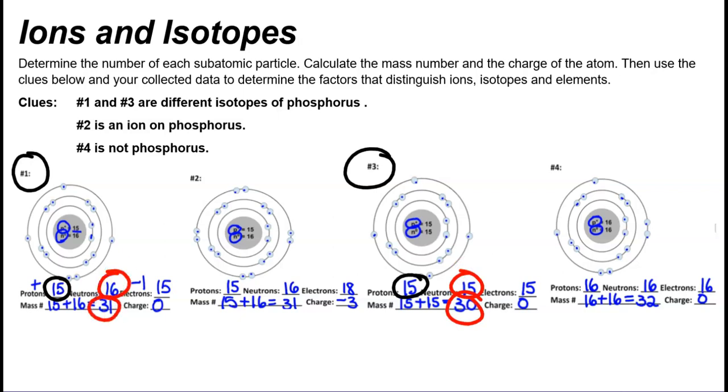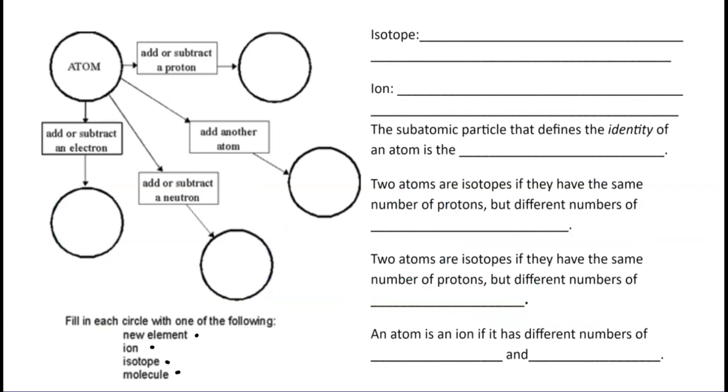So going back to our chart over here, let's see if any of these descriptors talk about either number of neutrons or the mass number. So add or subtract an electron, that's probably not it. No, add or subtract a neutron. Okay, so if we add or subtract a neutron, that makes something an isotope based on our data.